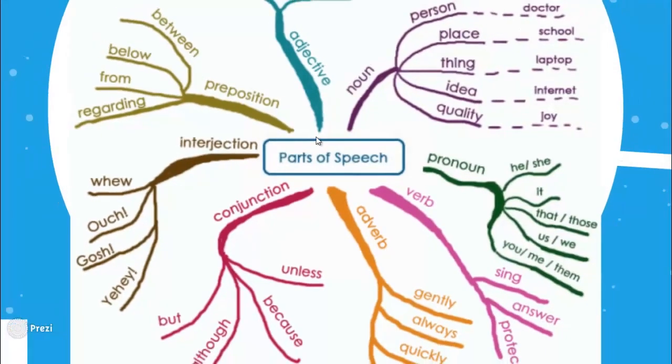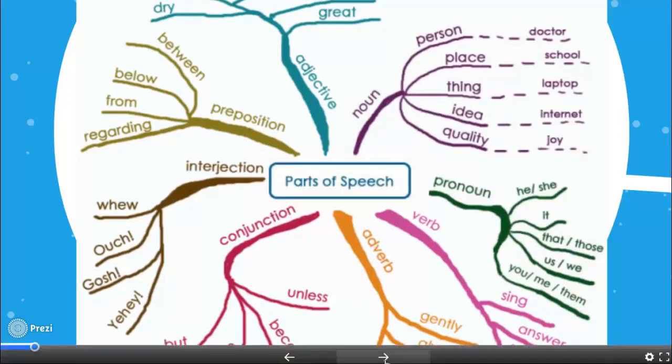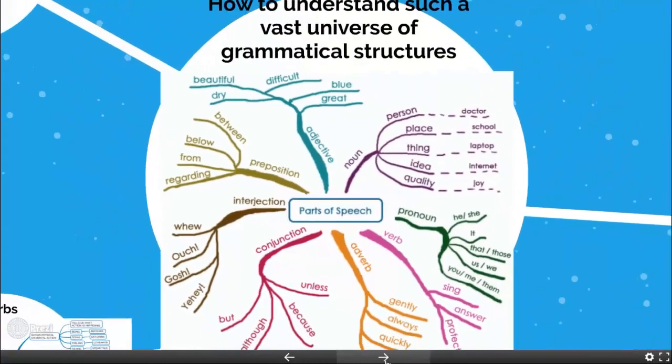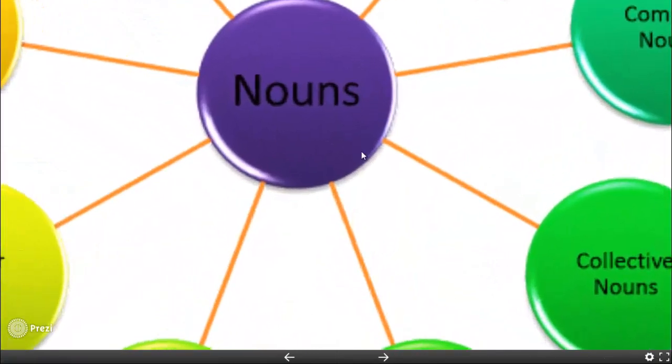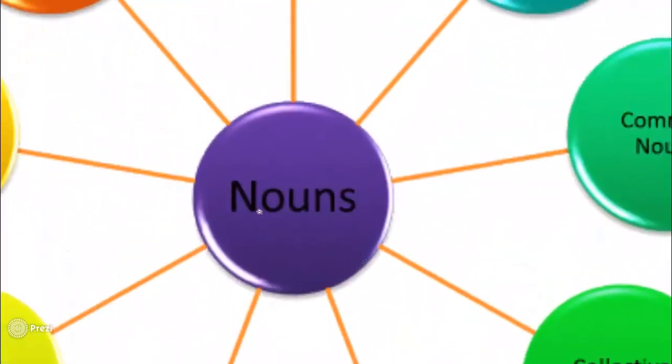So, for parts of speech, we talk about adjectives, nouns, pronouns, verbs, adverbs, conjunctions, interjections, prepositions, etc. So we're going to begin these definitions, and we're going to understand them very well. So in the first place, we have nouns. I hope you can read it.